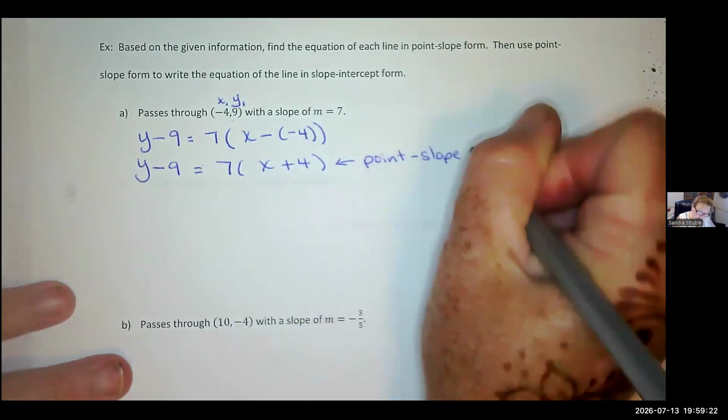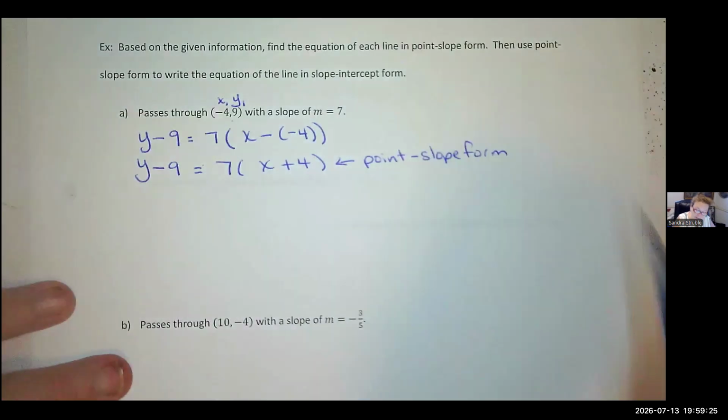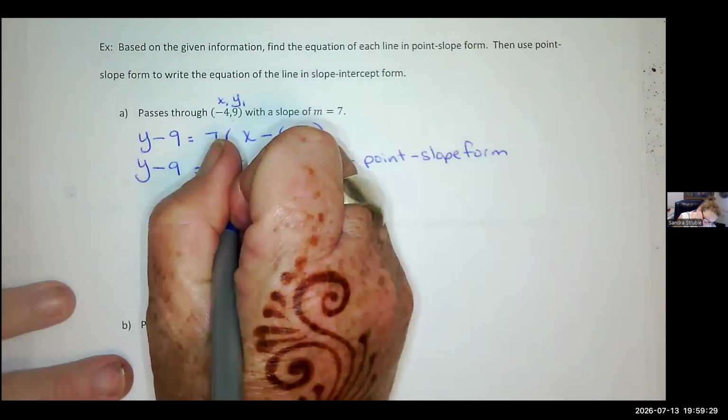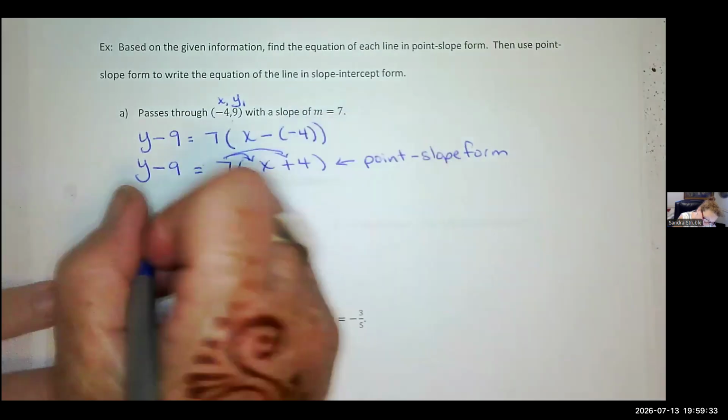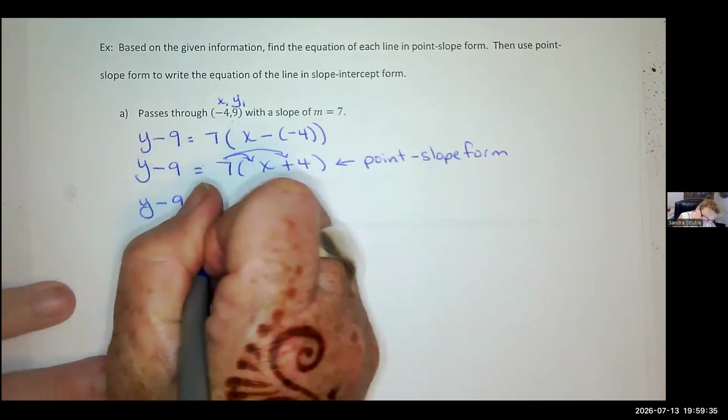Now, to go ahead and solve for y, put it in slope intercept form, we have to do some algebra. We have to distribute that 7 to both terms in the binomial. y minus 9 is equal to 7x, 7 times 4 is 28.